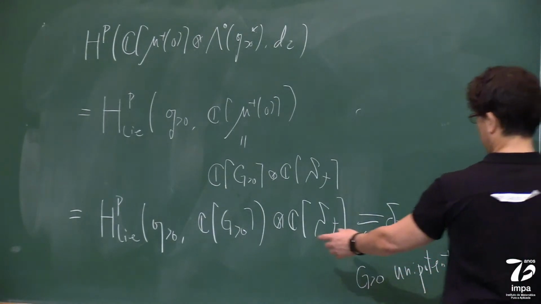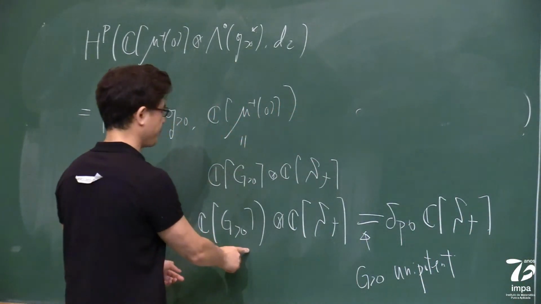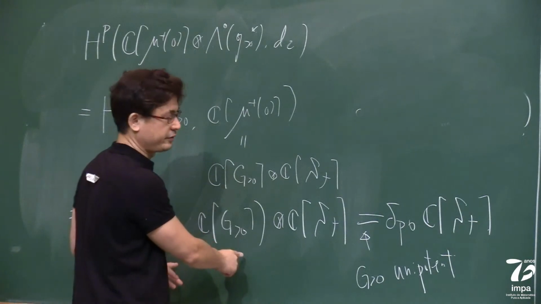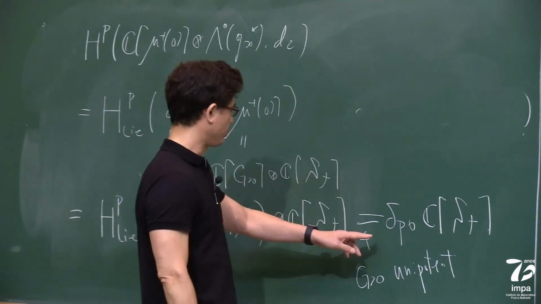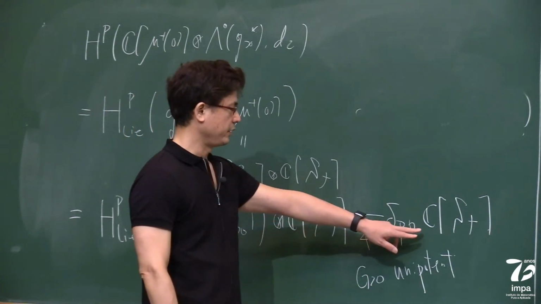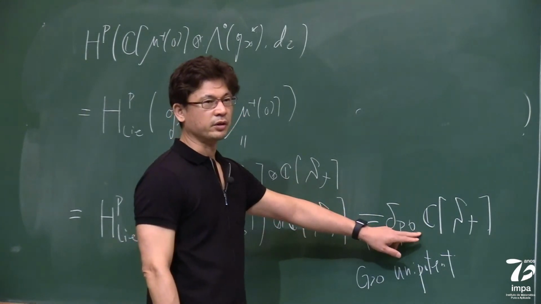So in general, this part remains, but zeros on zeros cohomology we obtain this because G is connected.